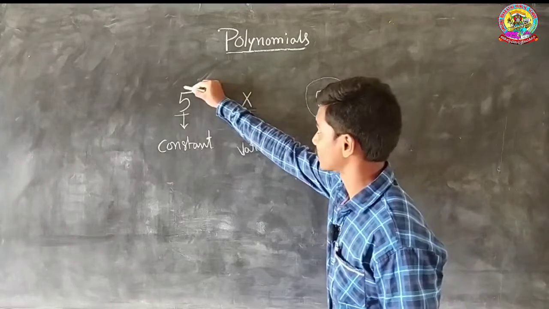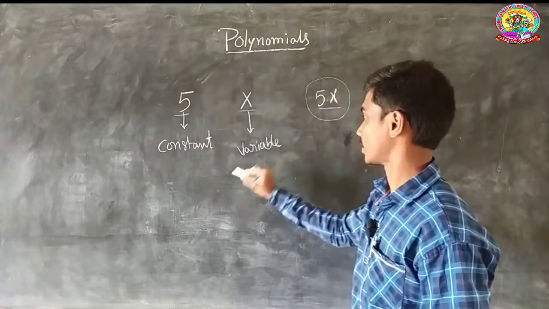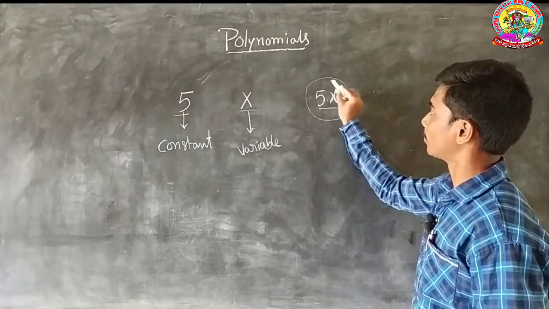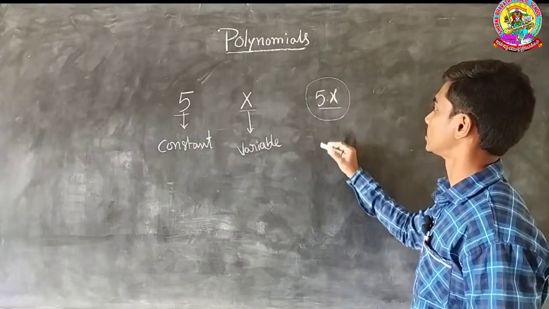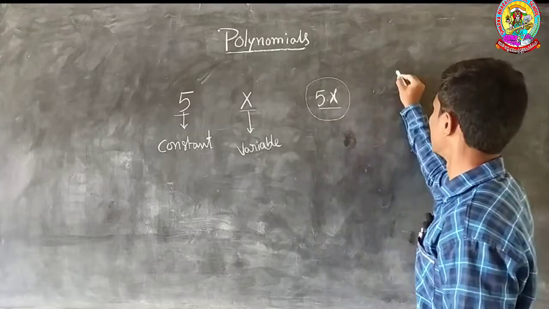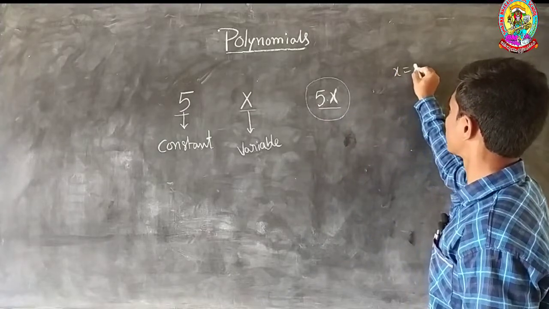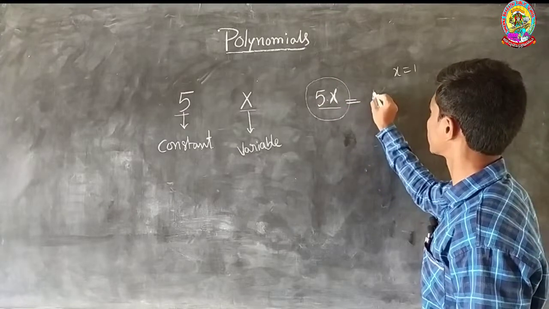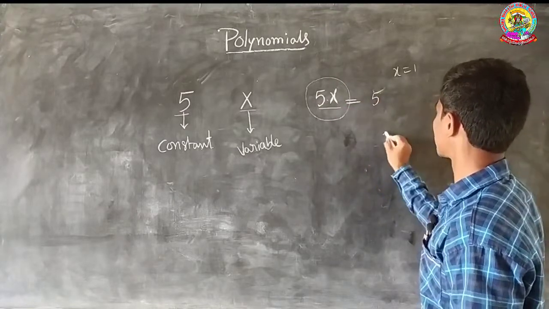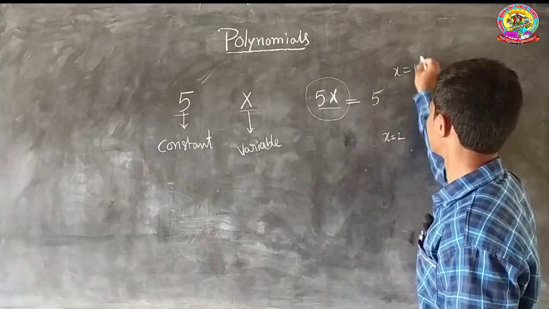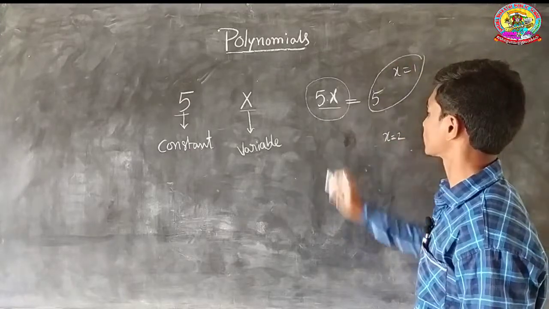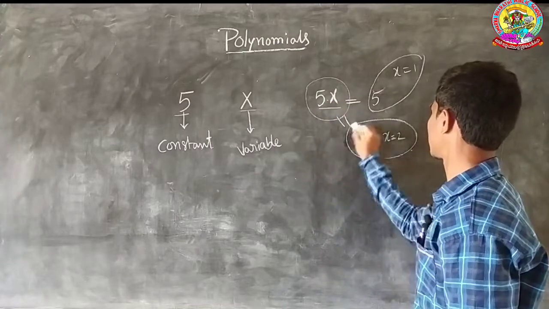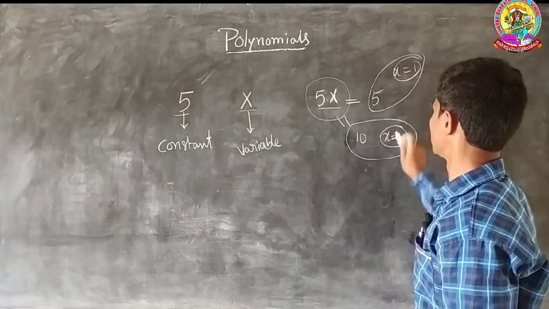So this is called a constant term. This is called a variable term. This is called a multiple of constant and variable term. So this is variable because if you give the value of x is equal to 1, the entire value is 5 into 1 is 5. If you give x is equal to 2, if you put 2 in the place of x, 5 2s are 10, when the value is x equal to 2.